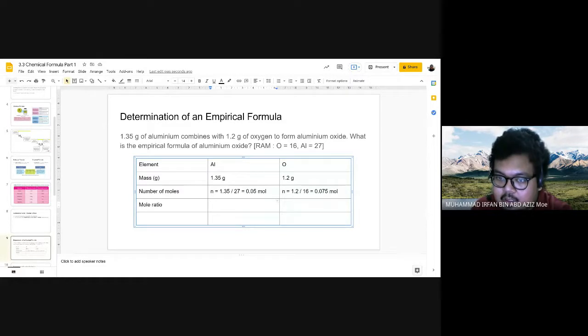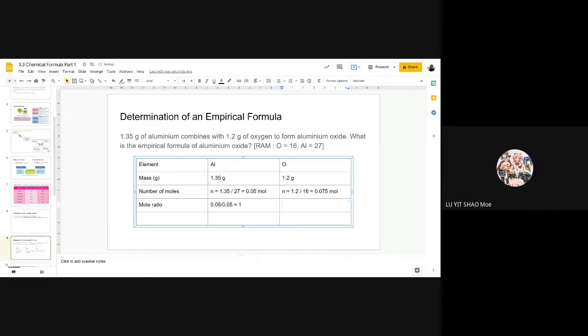So, the ratio for Al ni pun 0.05 divide by 0.05. You will get berapa? 1.5. Is it really? Tak, it is 1. Kita dapat 1. Why 0.05 and 0.05?